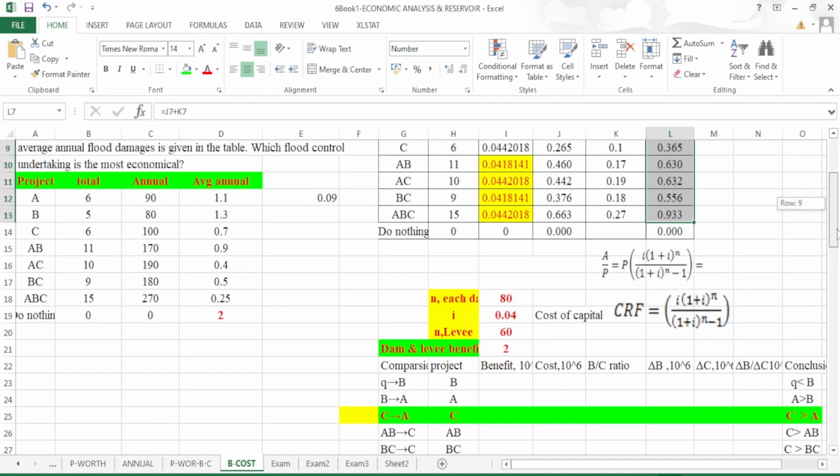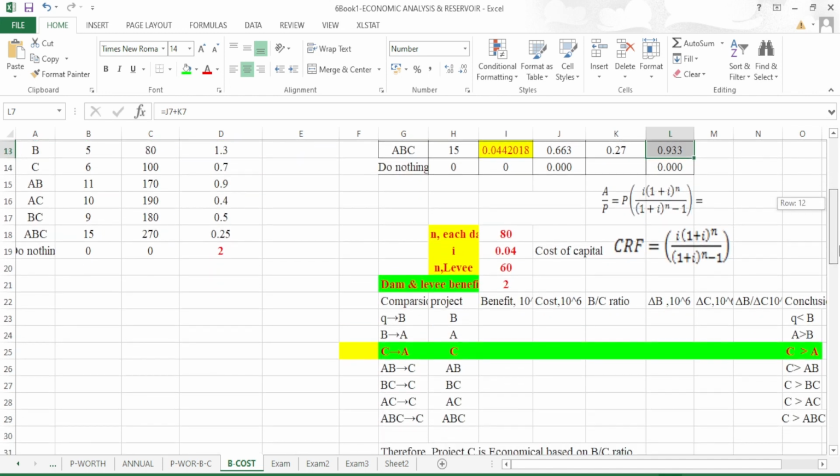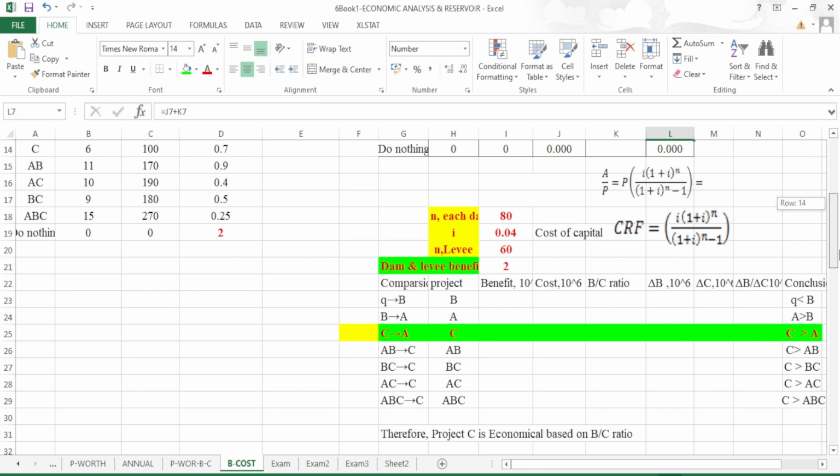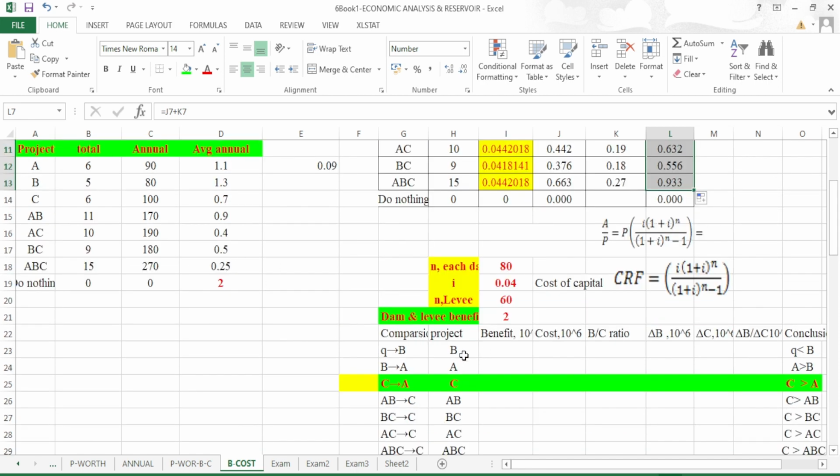Next, I'm going to estimate the benefit of each project. First, the benefit of project B is estimated by subtracting 1.3 from 2. 1.3 is the amount of cost lost by flood damage.